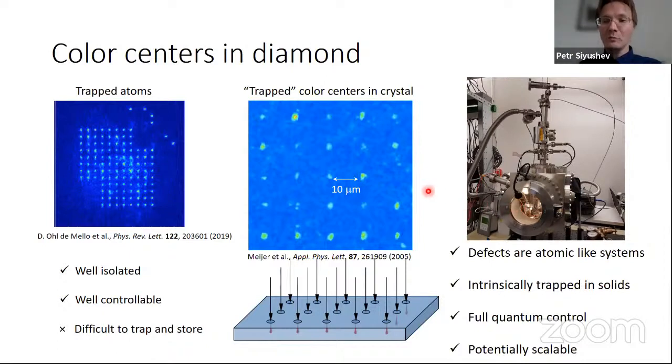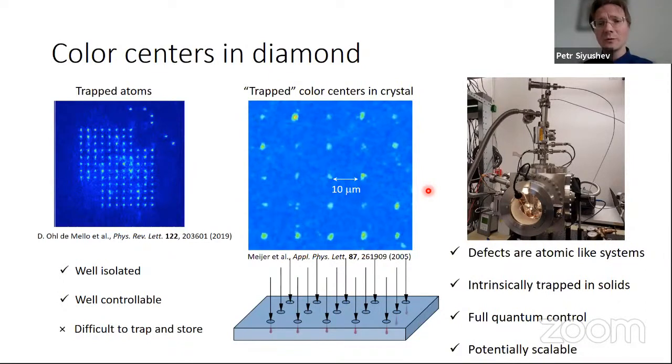And some of them are atom-like systems with characterized levels. They are discrete, and of course for this you need to have low interaction with collective effects. Therefore they should lie within the band gap of the semiconductor.